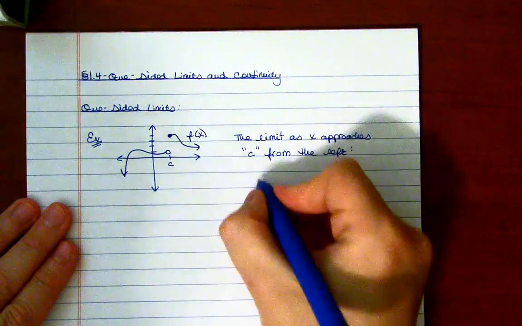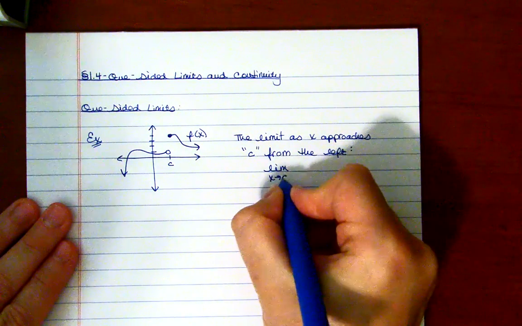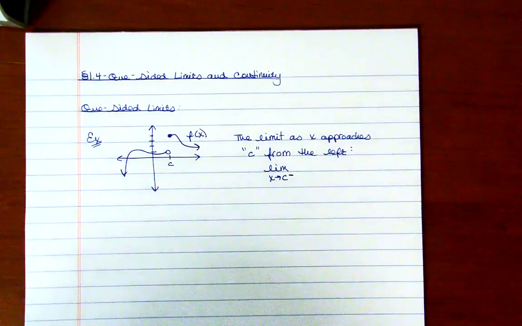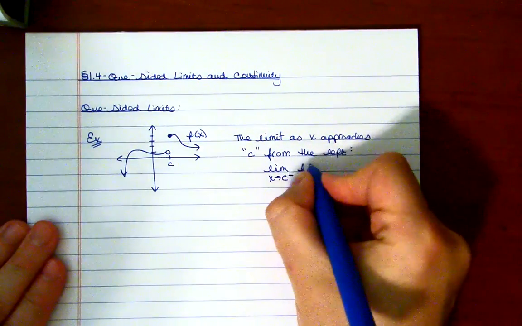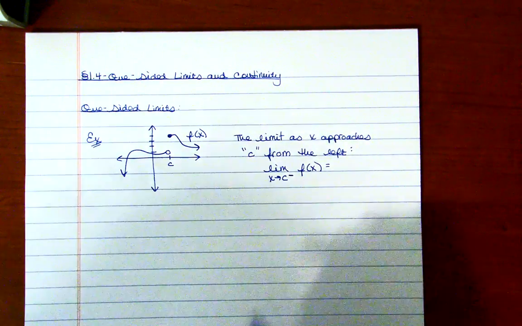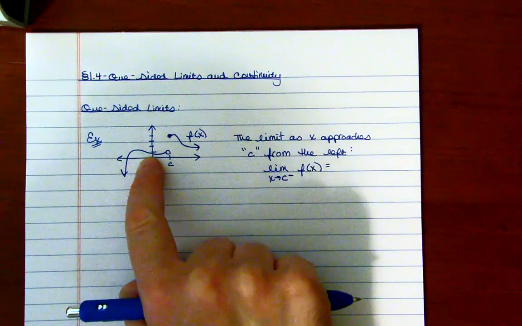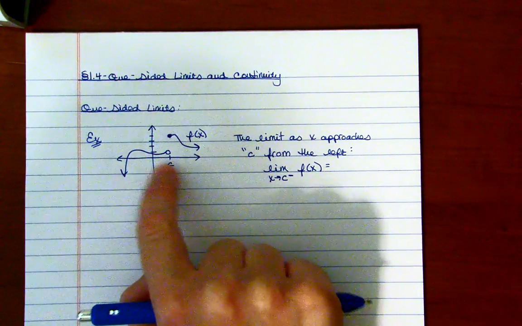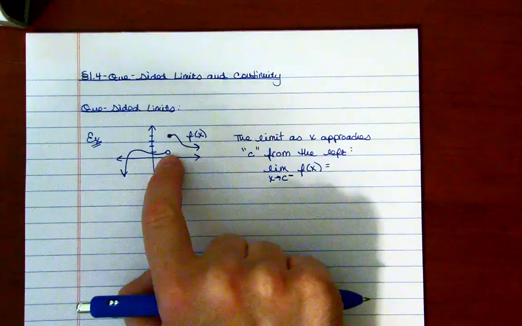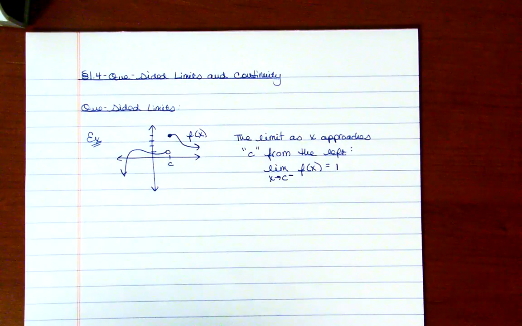The way I'm going to write this out is I'm going to say the limit as x approaches c, little superscript negative up there, which means from the left, of f of x. Okay, so I'm approaching c, but only from the left direction, not from the right direction. And as I approach x equals c from the left, it looks like my y values are getting really close to 1. So I'm going to say that that limit equals 1.